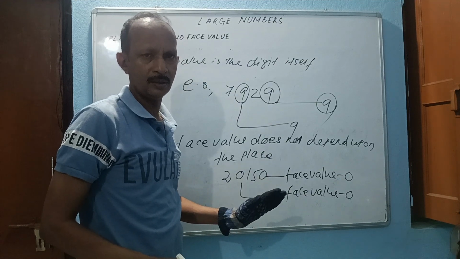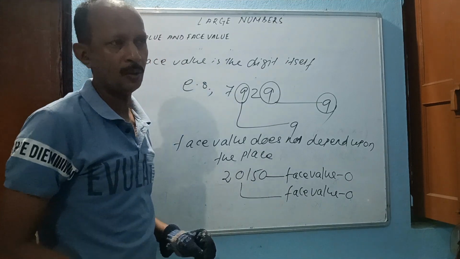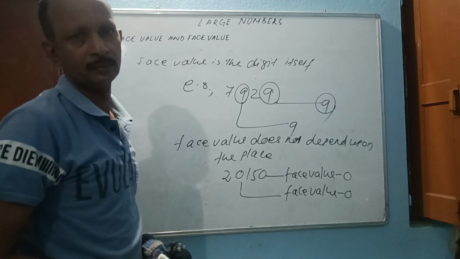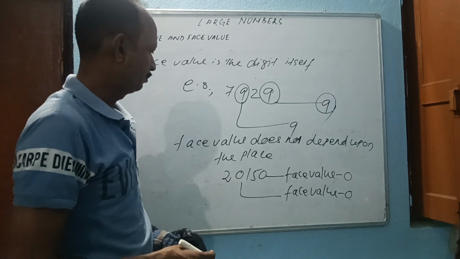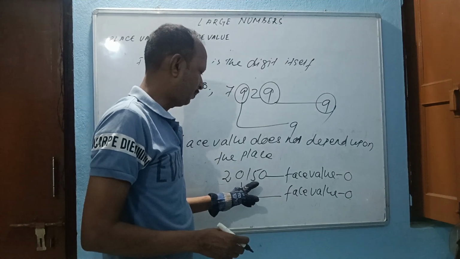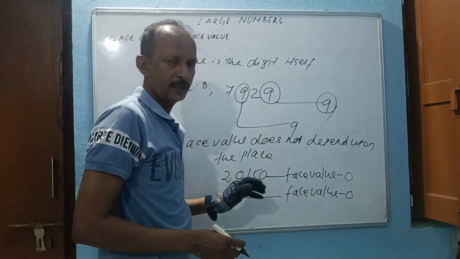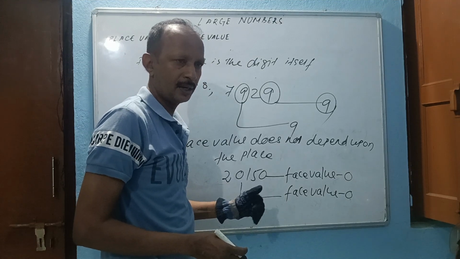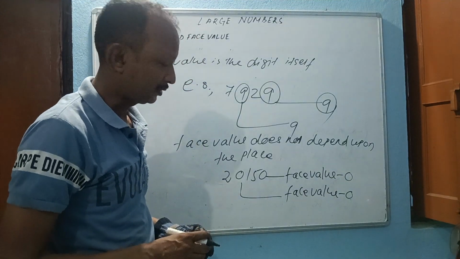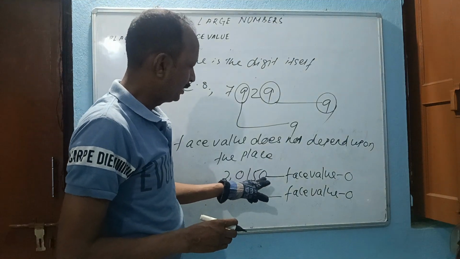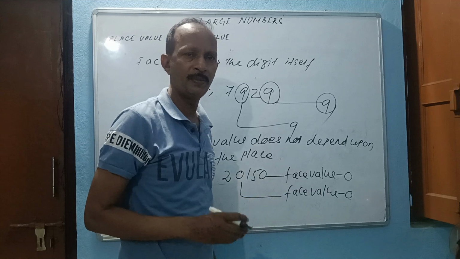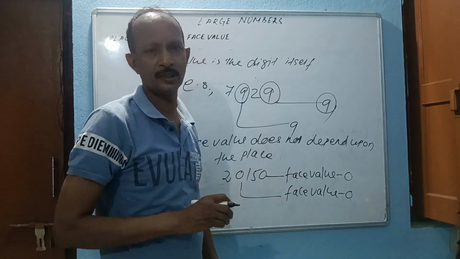So you remember the face value of 0 is always 0. The face value of 5 is always 5. The face value of 1 is always 1. But one more fact is there. Here, face value of 0 is 0. Here also face value of 0 is 0, because I said the digit itself is the face value.